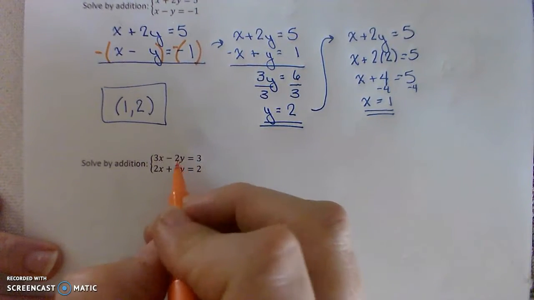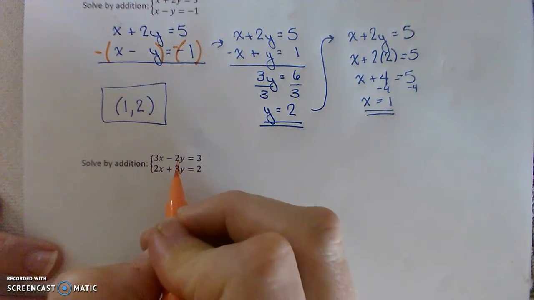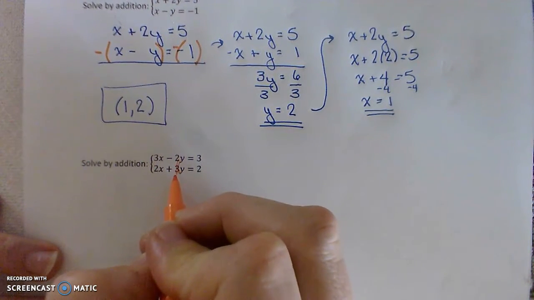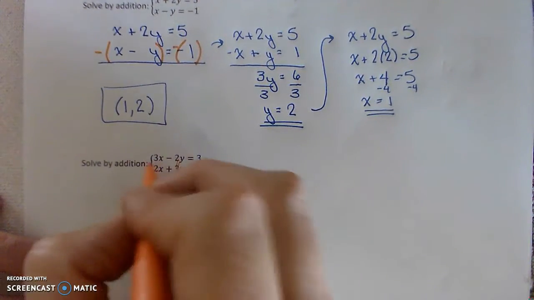So let's see. If I multiply the top equation by 3, the y coefficient would be 6. And if I multiply the bottom equation by 2, I would get a 6 coefficient here for y. So let's go ahead and do that.